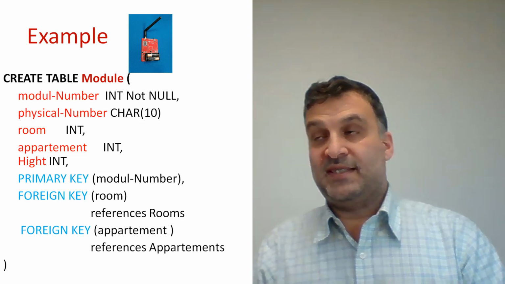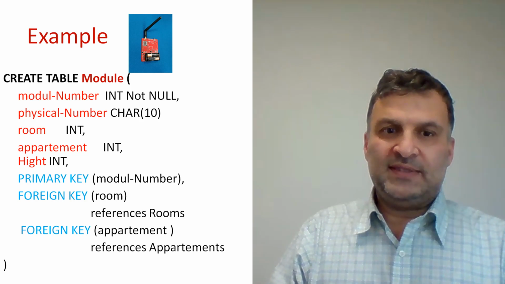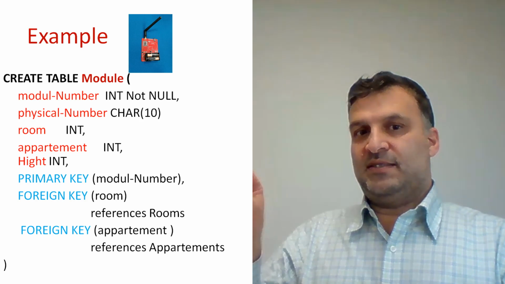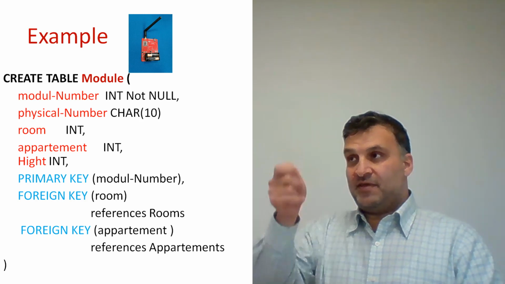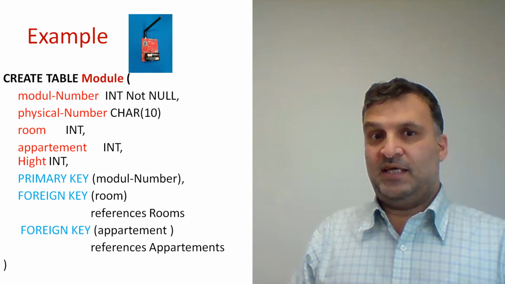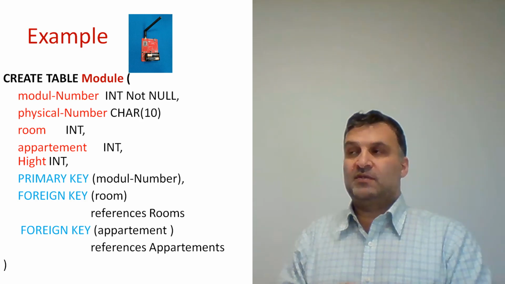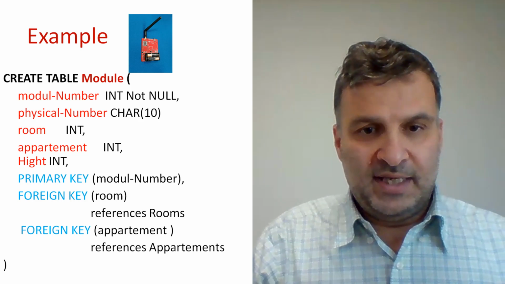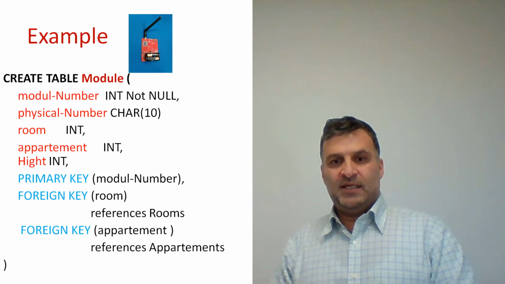Room, that means in which room we will put this sensor. Apartment, it means in which apartment we will put this sensor. Primary key, what is the reference, what is the index that we will use in this table to know this line that represents one of these sensors, one of these modules. It is module number. Foreign key room, reference rooms.